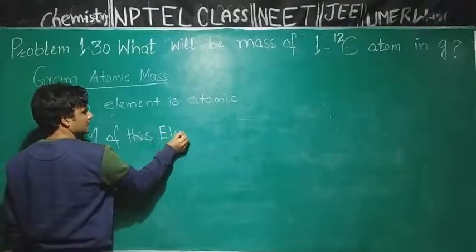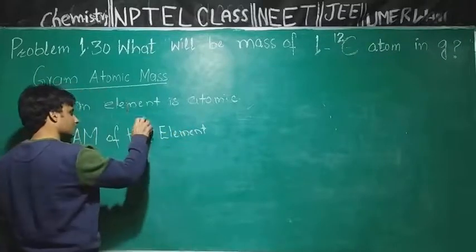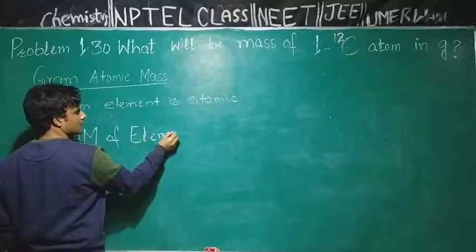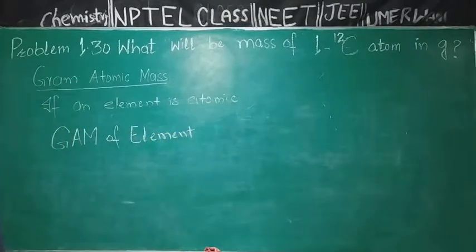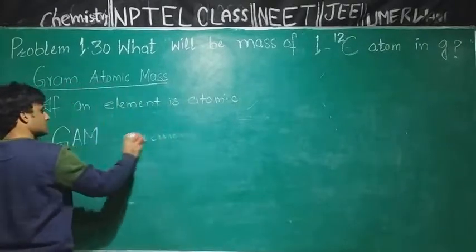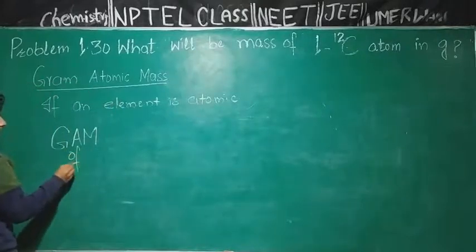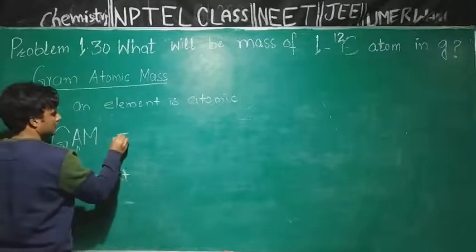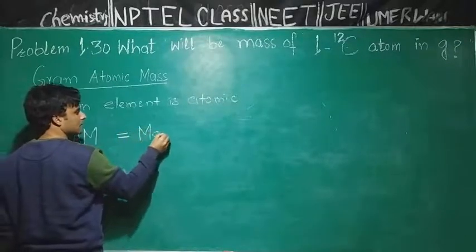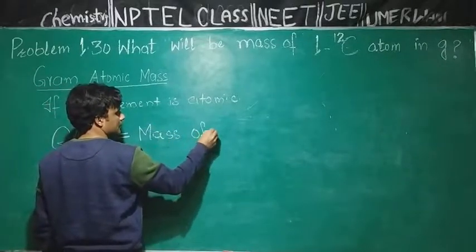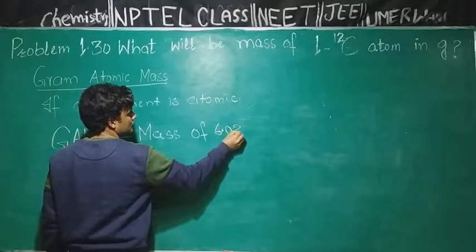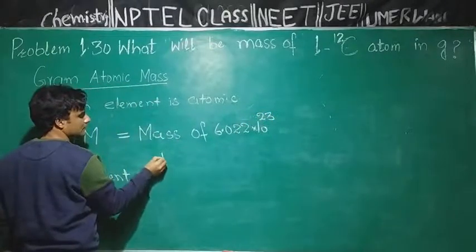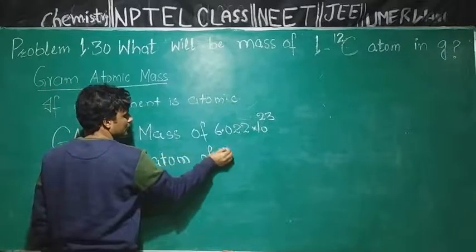Gram atomic mass of an element is actually the mass of 6.022 into 10 raised to power 23 atoms of that element.